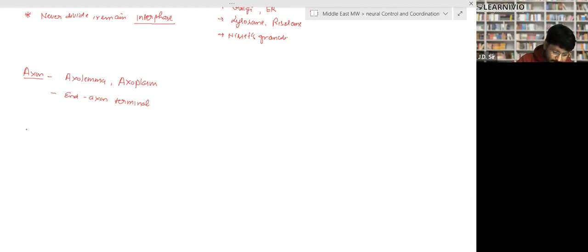That's why they are called efferent processes, that is, away from the body, right?